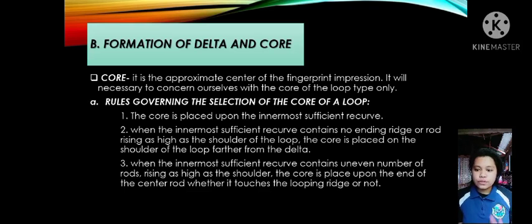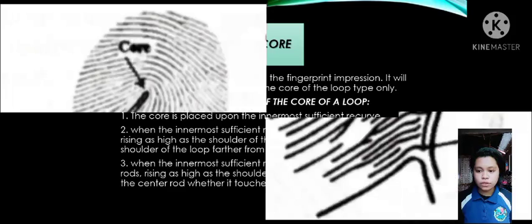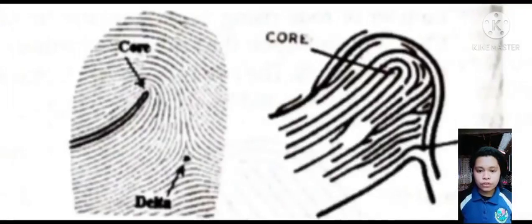So core, it is the approximate center of the fingerprint impression. It was necessary to concern ourselves with the core of the loop type only. Core looks like the picture shown above.